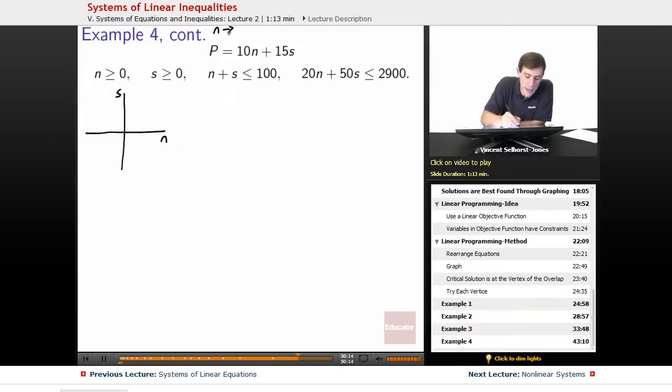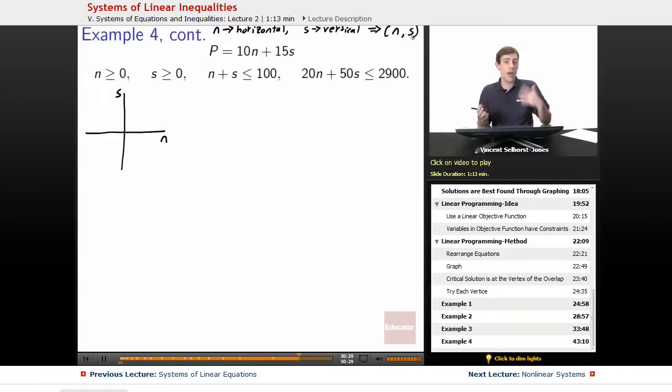So with this idea in mind, we can now talk about ordered pairs that come in the form N comma S. Just as X comma Y, horizontal comma vertical, since we made N horizontal and S vertical, it's going to come in N comma S. Now there's no reason it couldn't be flipped, but we just chose one and we stick to it. And as long as we stick to it, it'll work out.